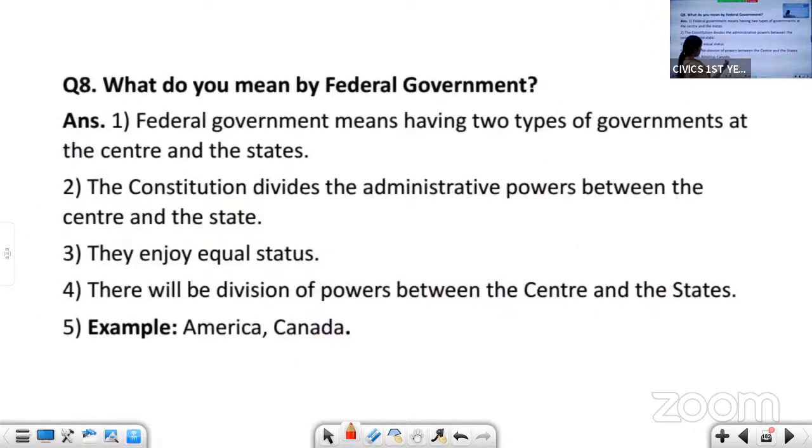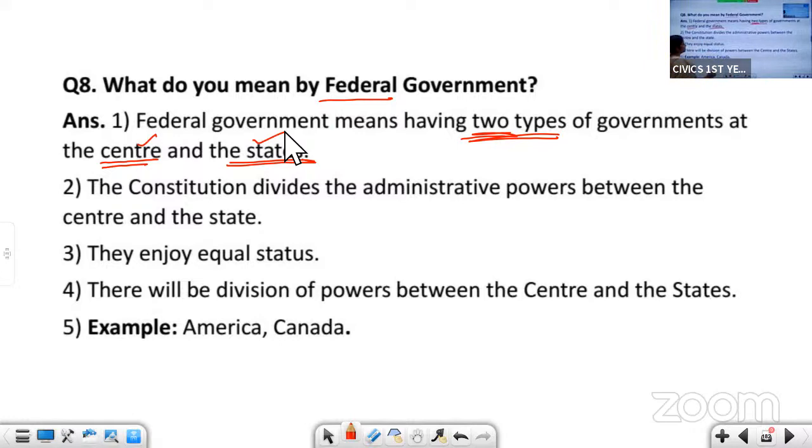Then, what do you mean by federal government? See, we have already discussed these answers. I told you, if you are able to learn SAQs or LAQs, you will be able to answer VSAQs. In federal government, you have two types of government: one is the central government, and another is the state government.